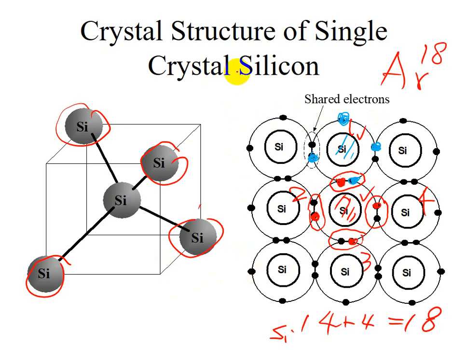This is a single crystal silicon structure. So now you have the idea. Silicon has 14 electrons. It will share another 4 electrons with 4 other atoms to form a stable configuration.